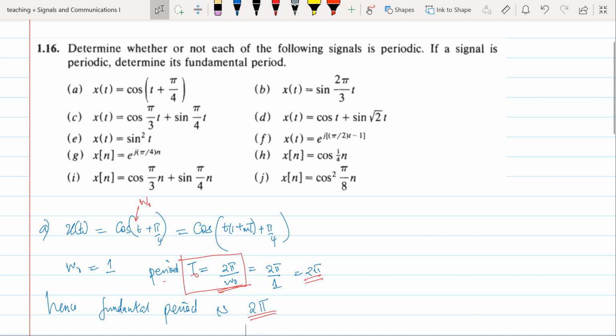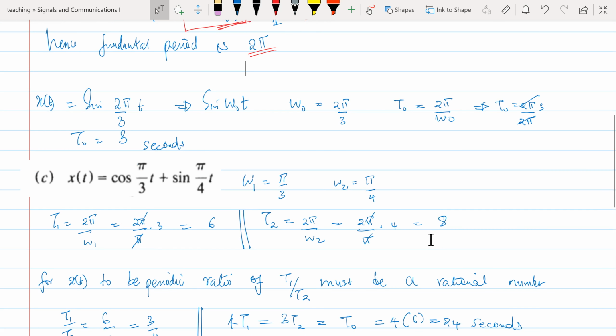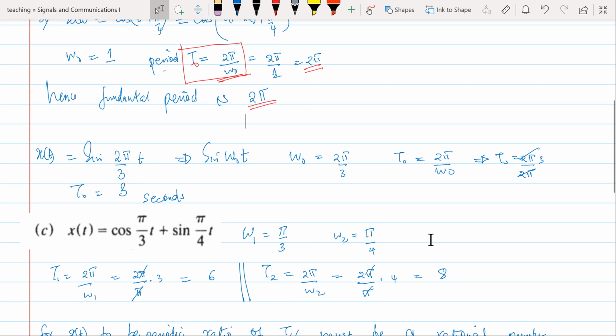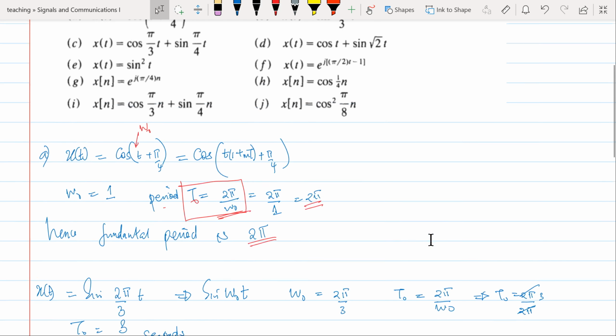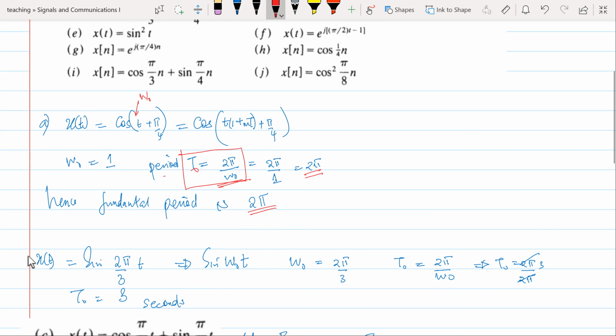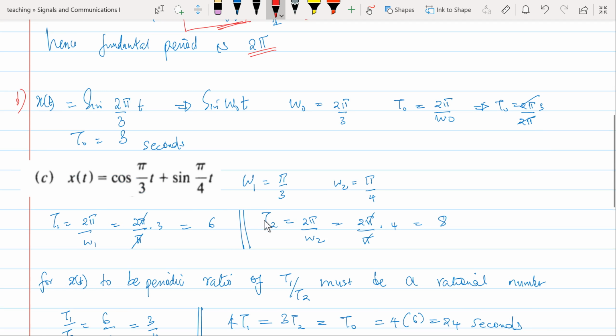And jumping to part B. Part B reads that our function is sine of 2 pi over 3 times t.